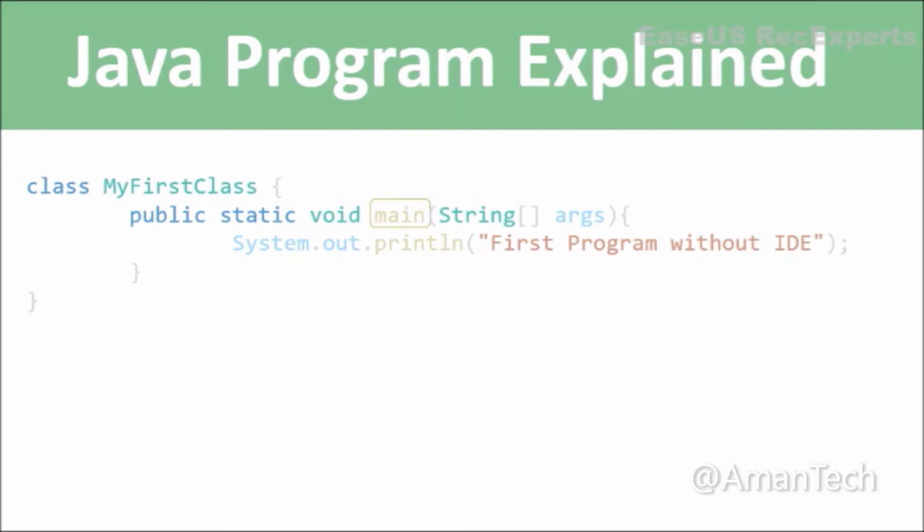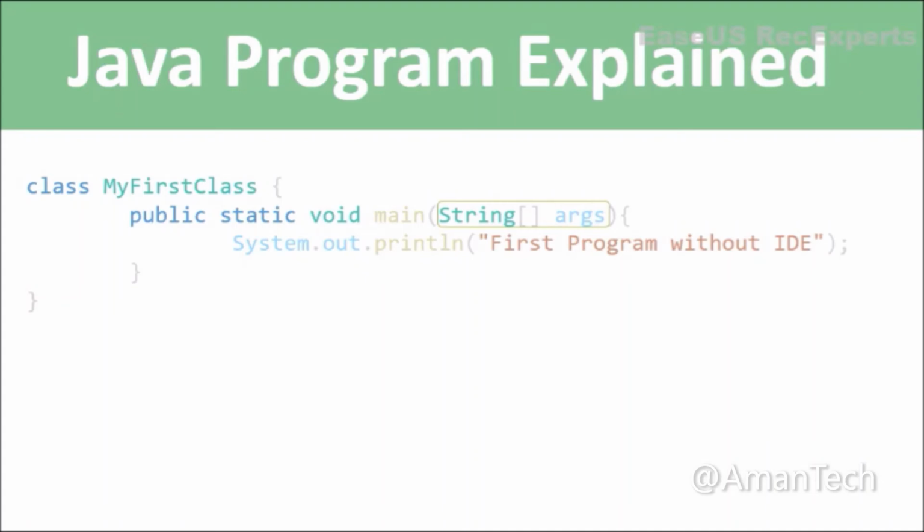It can be anything, but in this case, the method name was main. And for the main method, we will discuss why it is very important in Java after we have explained the complete program. Next is String, array and args. This is a parameter which is of type String and it's an array.